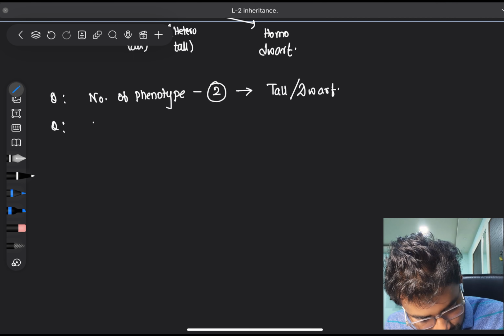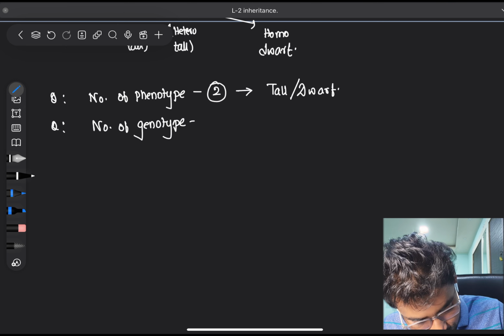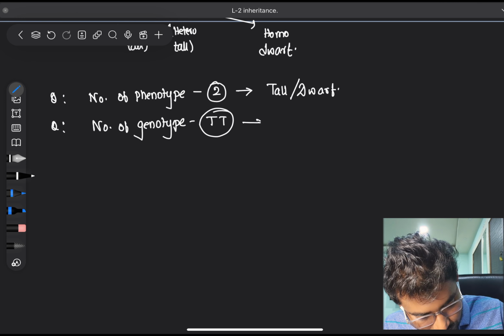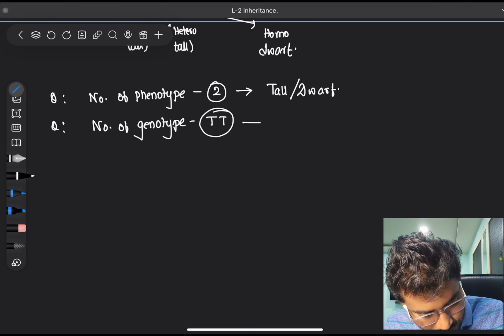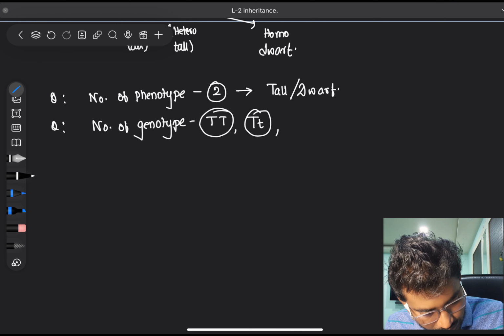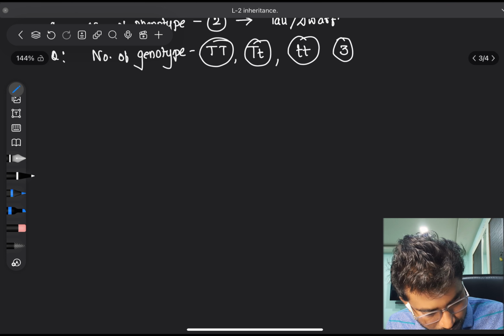Now question number 2, number of genotypes. That is TT, Tt, tt, so 3.